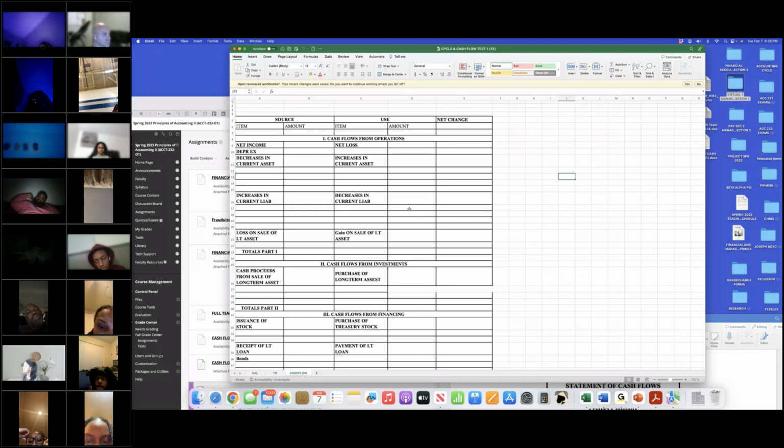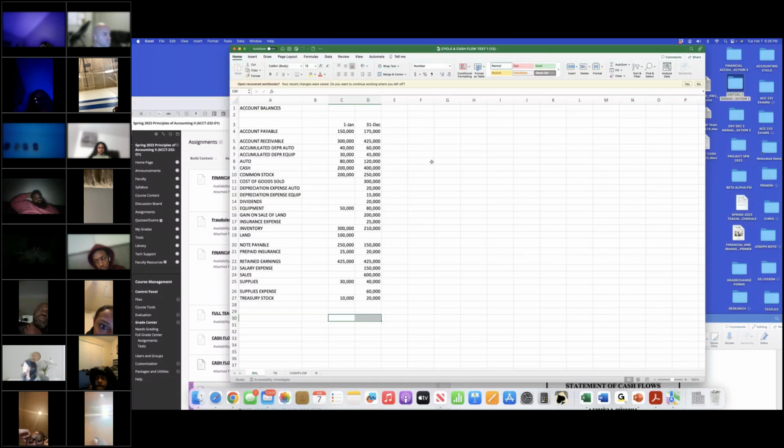Let's go back here again. You have the balances on January 1st and December 31st. Let's look at what we're going to do with these balances. Cash on January 1st is 200,000.